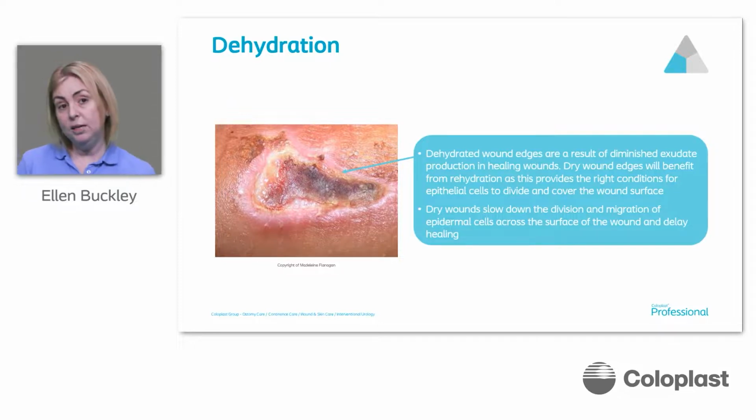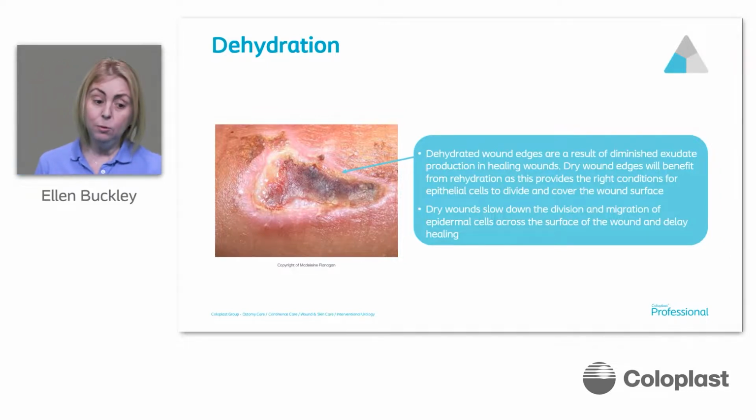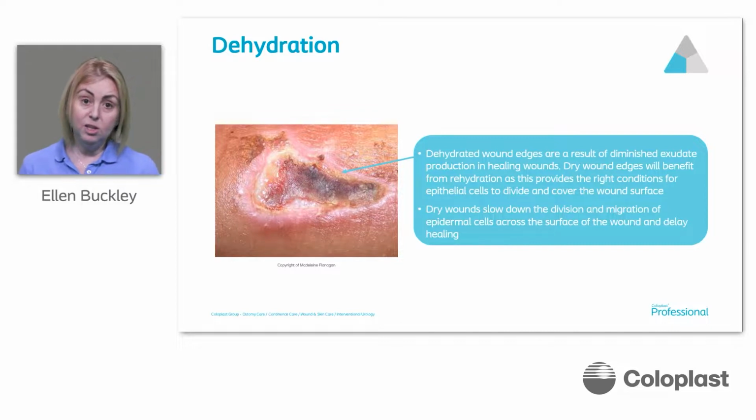Alternatively, you might have a wound edge that's quite dehydrated, so it isn't moist enough for those epithelial cells to do what they need to do. In this image, you can see that there is some quite dry, devitalized tissue within the wound bed, again causing the wound edge to be quite dry and dehydrated as well. So the management aim in this situation would be to rehydrate the wound edge.